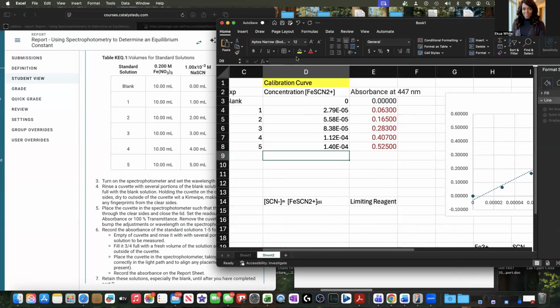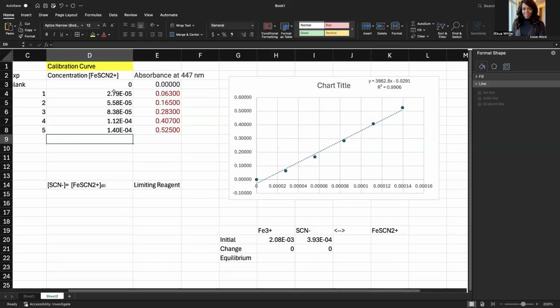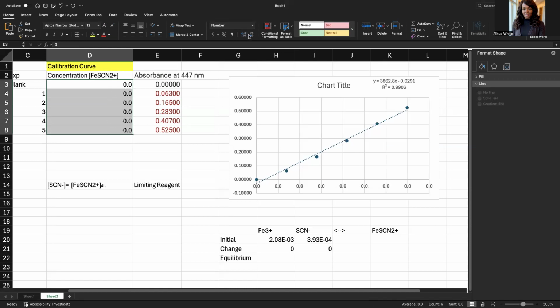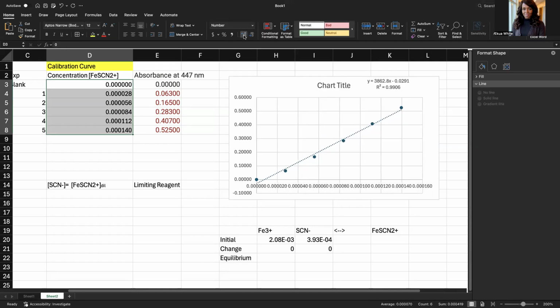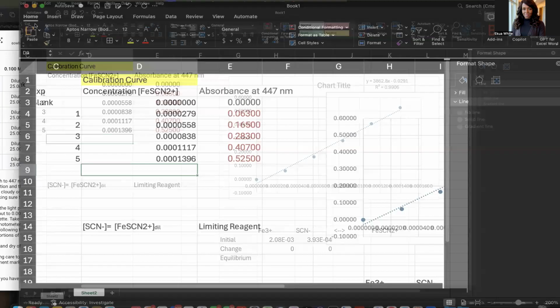Once again, let me make this bigger for a moment. I need to add decimal places. Nope, I did the opposite of what I want. Why is it going out that way? Okay, I guess this works.